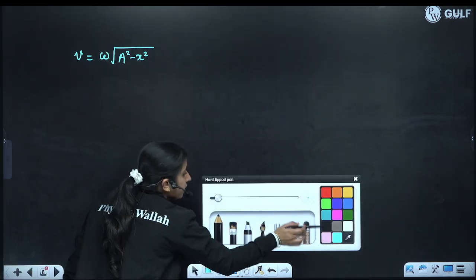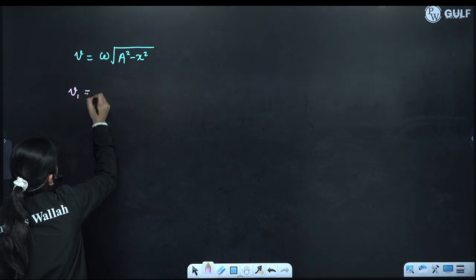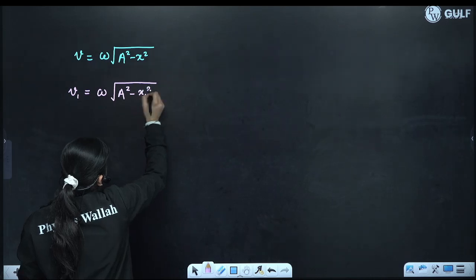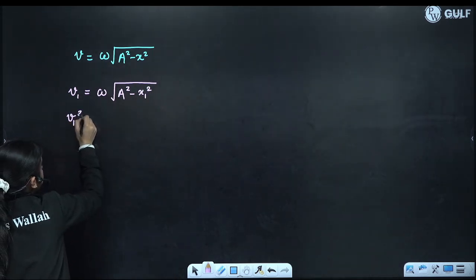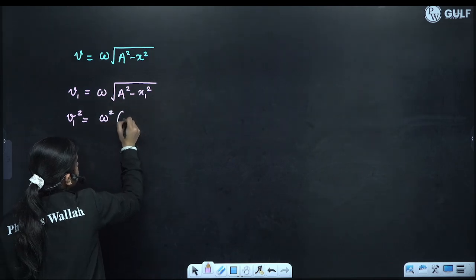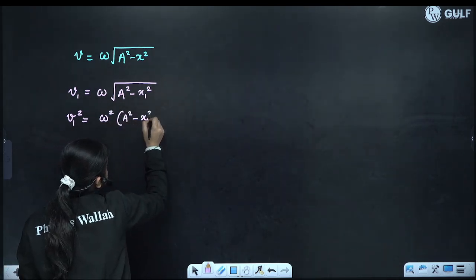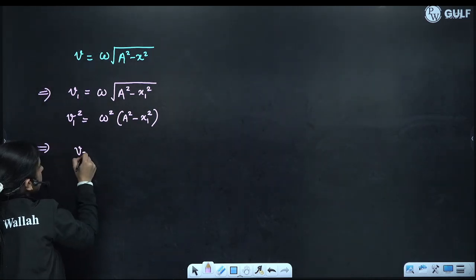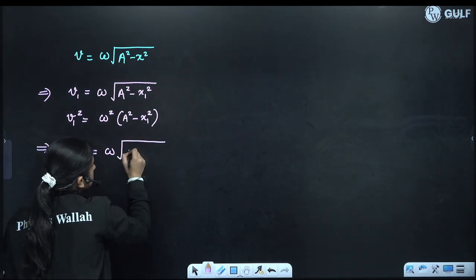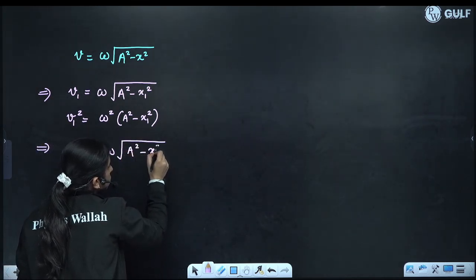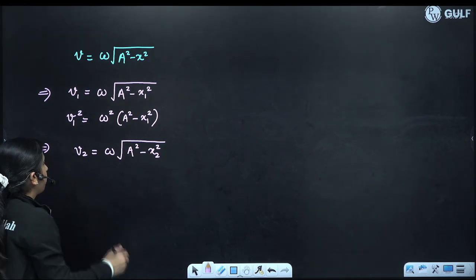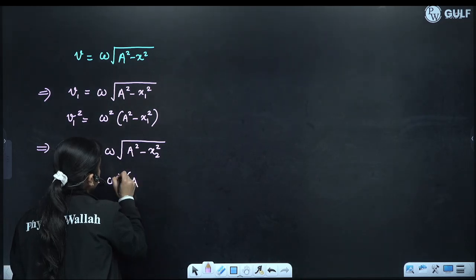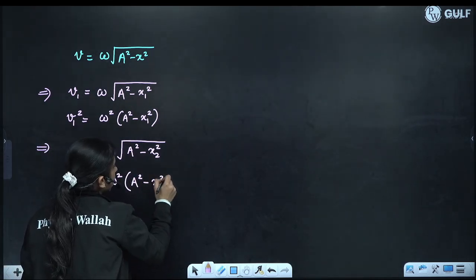So the first equation is v1 equals omega into under root of a square minus x1 square, so v1 square is omega square into a square minus x1 square. Similarly, the second equation is v2 equals omega under root a square minus x2 square, so v2 square is omega square into a square minus x2 square.